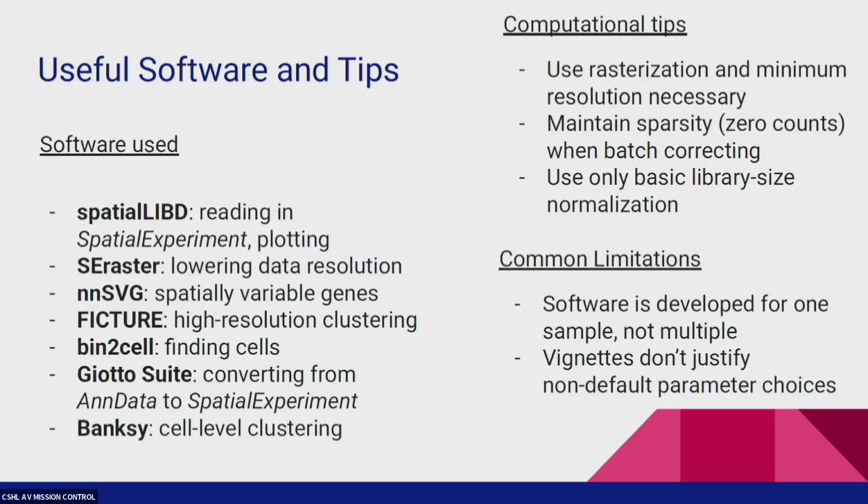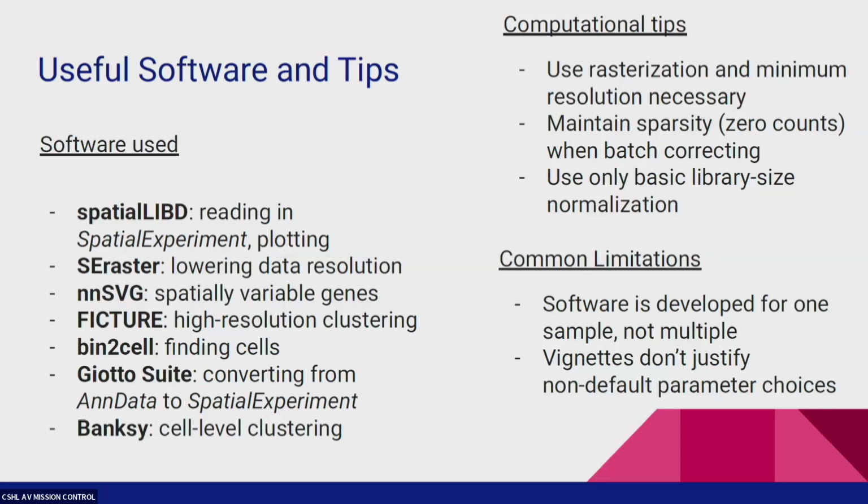Banksy for cell level clustering, and then I also mentioned some tips. Really use the minimum resolution that you need for your analysis. If you don't need the full resolution, you can achieve things much faster, and maybe it's not possible in terms of memory to do it otherwise. I talked about the trick to maintain sparsity when doing this batch correction linear model technique. That enabled us to work with the really huge scale of the Visium HD data.